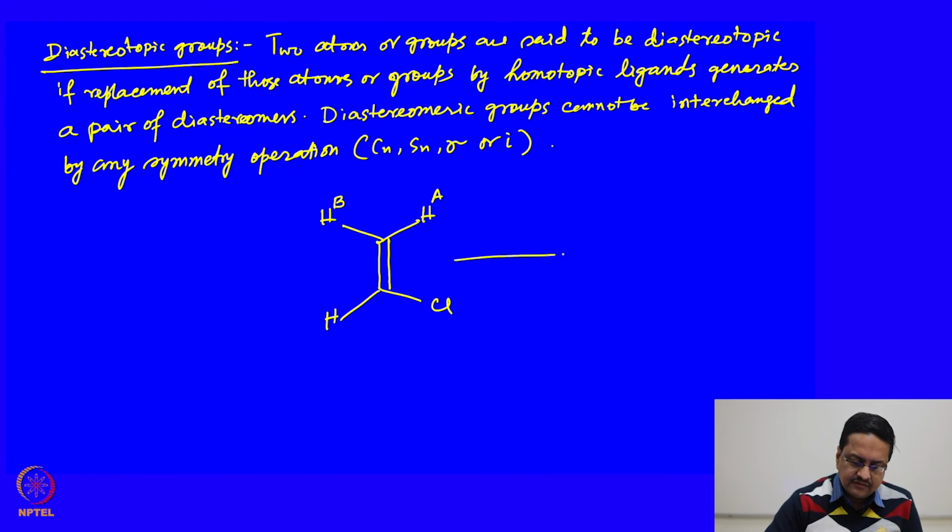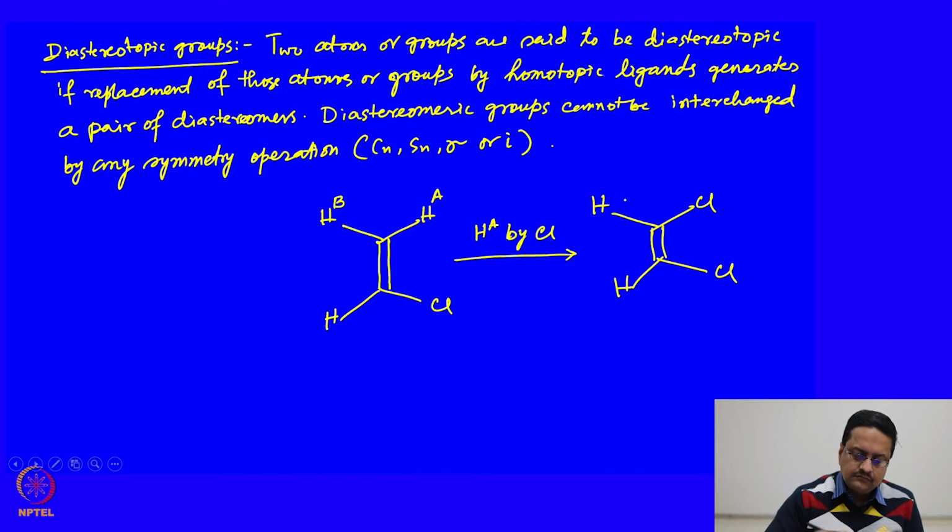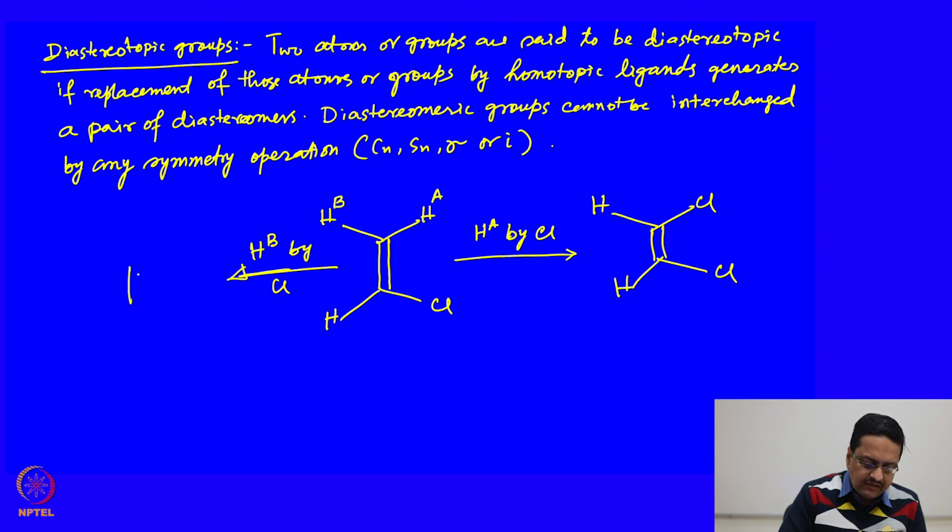If we replace HA by chloro, we get this compound, and if we replace HB by Cl, we get this compound.